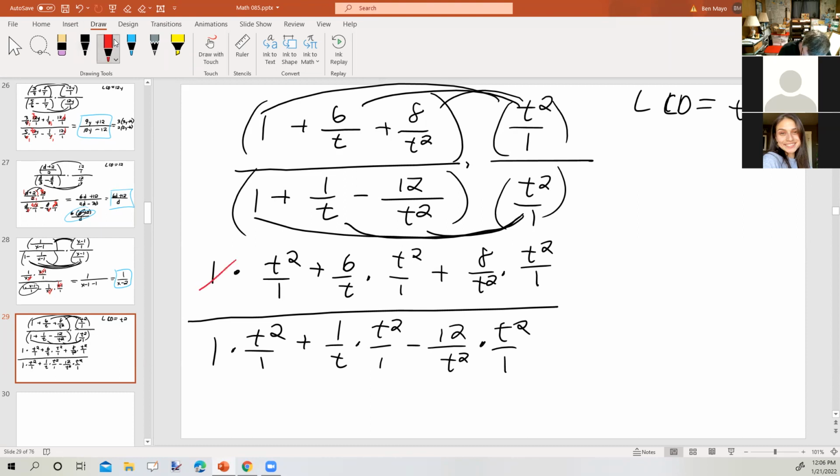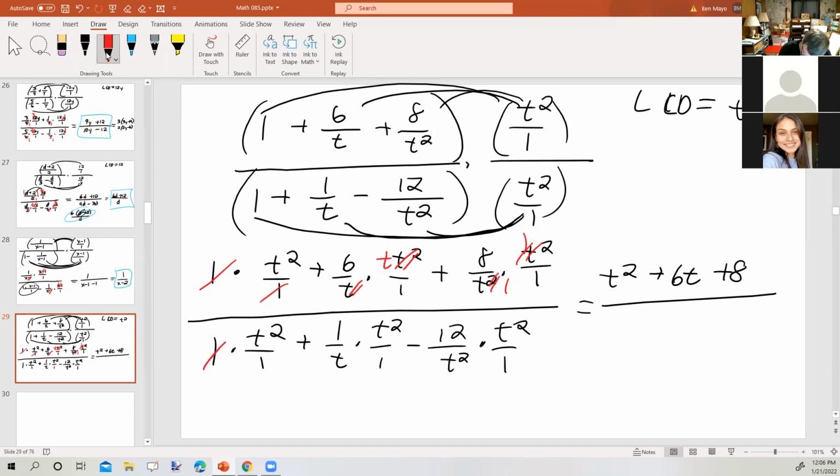Simplifying, the ones can go away and basically we've got t squared. And then t squared over t gives us just a t on top. So we've got plus 6t. T squared over t squared is 1 over 1, and we've got plus 8.